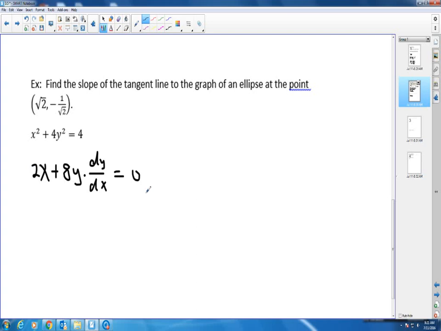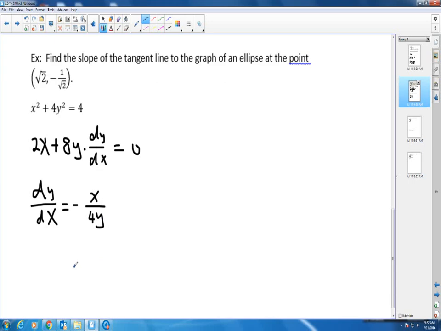Alright, so I'm going to move the 2x over and divide both sides by 8y. So my dy/dx is going to be negative 2x over 8y. That would be negative x over 4y. Alright, so at this point, the slope of the tangent line at this point will be negative.